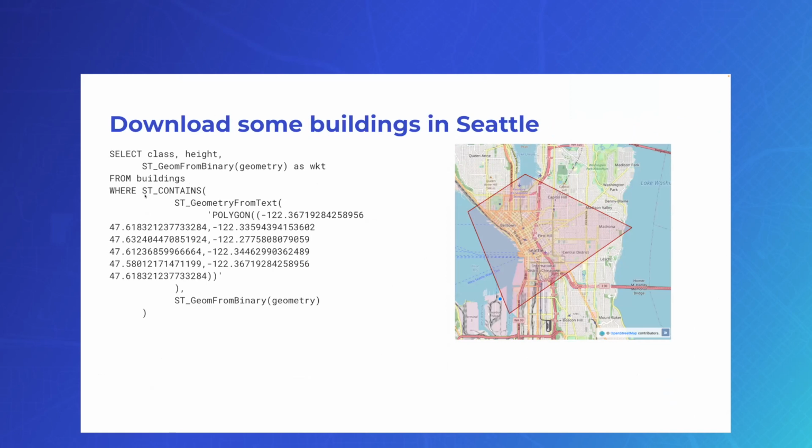In this case, we're going to do a spatial operation of only getting the actual building geometries that are contained by this polygon. So here's the polygon around Seattle, and then we're going to be using the geometry of the buildings theme to make this comparison. And in buildings, we'll be taking the class and the height value from the buildings table. I'll copy that.